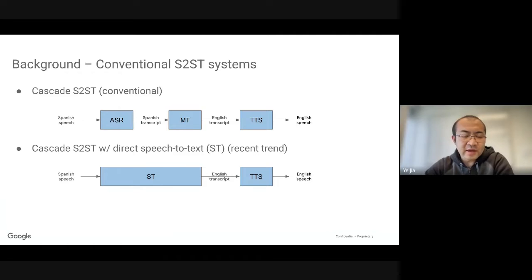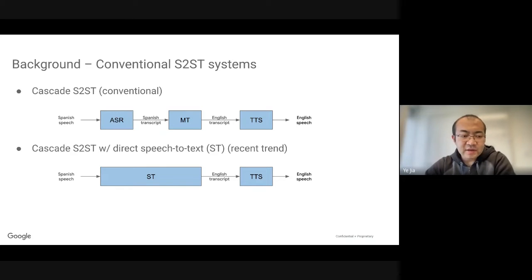For example, in the case of translating Spanish speech into English, the Spanish speech would first go through a speech recognition system, or ASR, which transcribes Spanish speech into a Spanish transcript. Then the Spanish transcript goes through an MT, or machine translation system, to translate that into English text. And then the English text goes through a TTS system that finally synthesizes English speech.